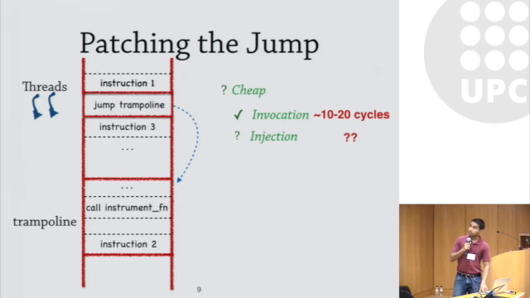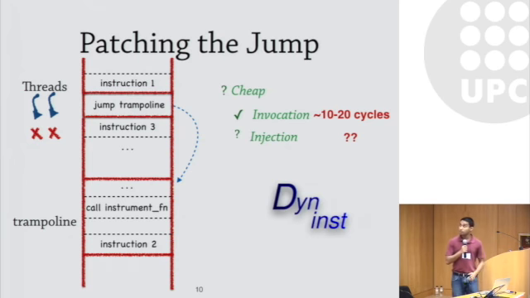The cost of probe injection depends on how cheaply you can patch in this trampoline jump to the mainline code. One obvious solution is to stop all the threads and do the patch. And this is exactly what Dyninst does. But unfortunately, this is not cheap, because every time you want to probe the application, you have to stop it, which is obviously not scalable.